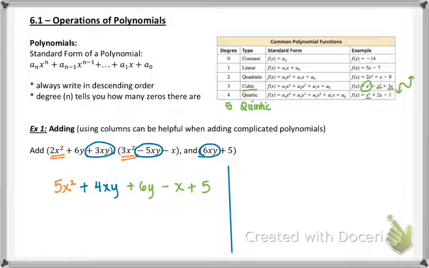So I'm going to rewrite these. 2x squared plus 6y plus 3xy, and then when I add the other two polynomials, I'm just going to line it up with the like terms. So 3x squared and negative 5xy, I'm going to line it up with this 3xy.